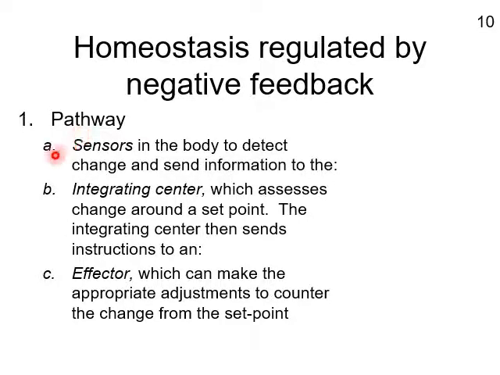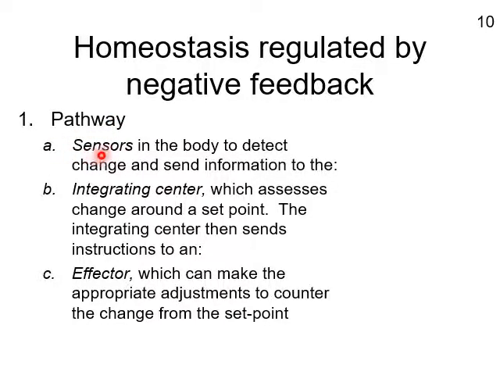So these sensors can respond to stretch. You also have sensors that respond to blood sugar that are in your pancreas. So many times the sensors are associated with the nervous system. Not always the case, but these sensors are there to detect these changes that are taking place in these different variables.